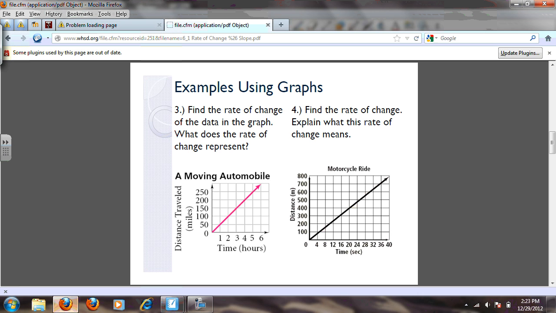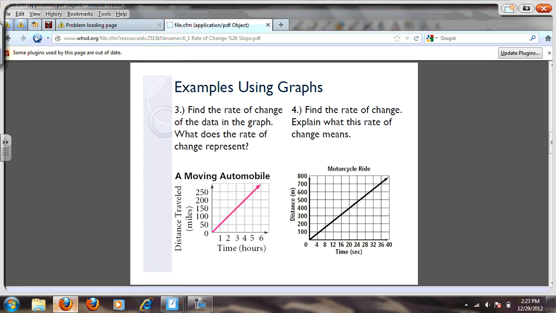Okay, so let's look at these examples. We need to find where this line is crossing the axis here. Let's do the motorcycle ride first. It crosses here, and it looks like it's crossing right here, we'll say. Remember, it's the vertical over the horizontal changes. Here's my point right here, that's at 400.